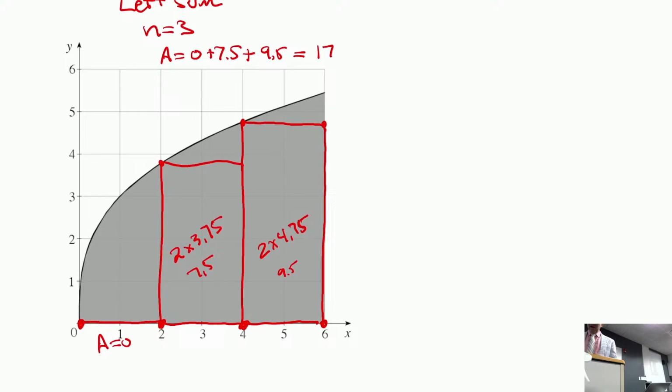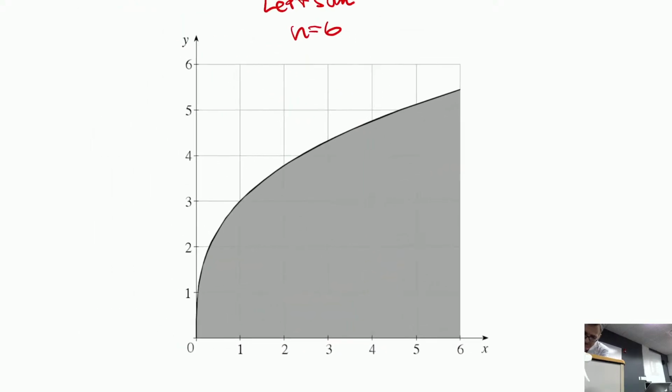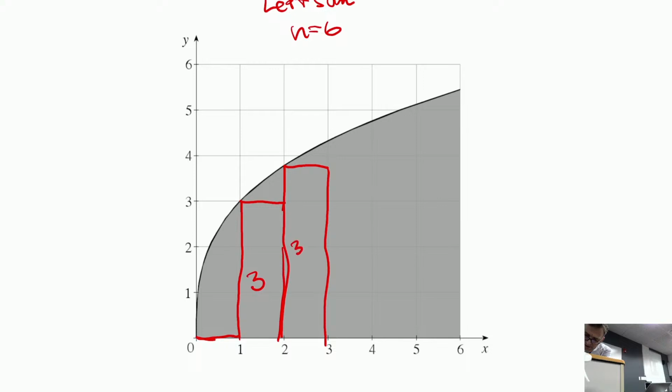Okay, let's try this with n equals 6. Here again, we've got to deal with the rectangles. The first rectangle is going to be super flat, and the next one just goes up to 3, so I'm going to go with 3 for that. This one is similar to the one we had a minute ago, 3.75. Wait, we've already done all of these, haven't we?